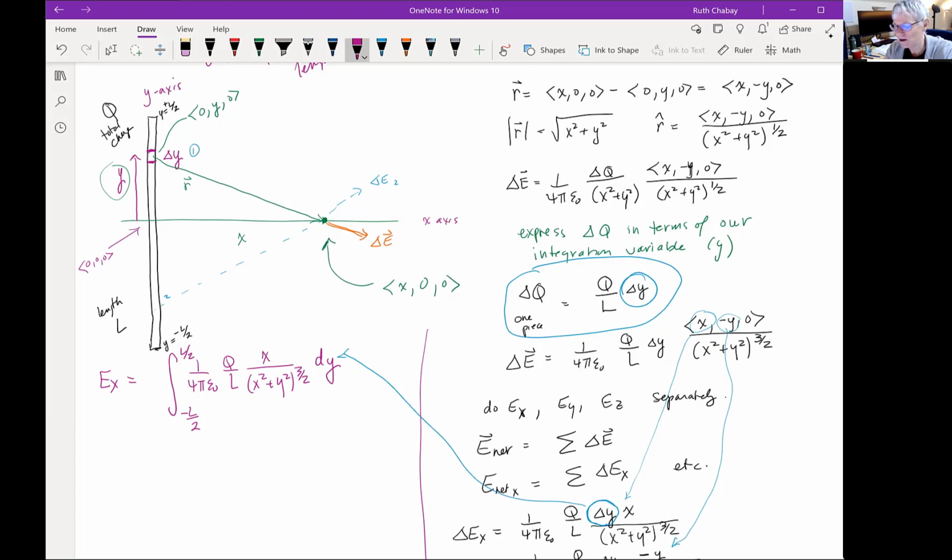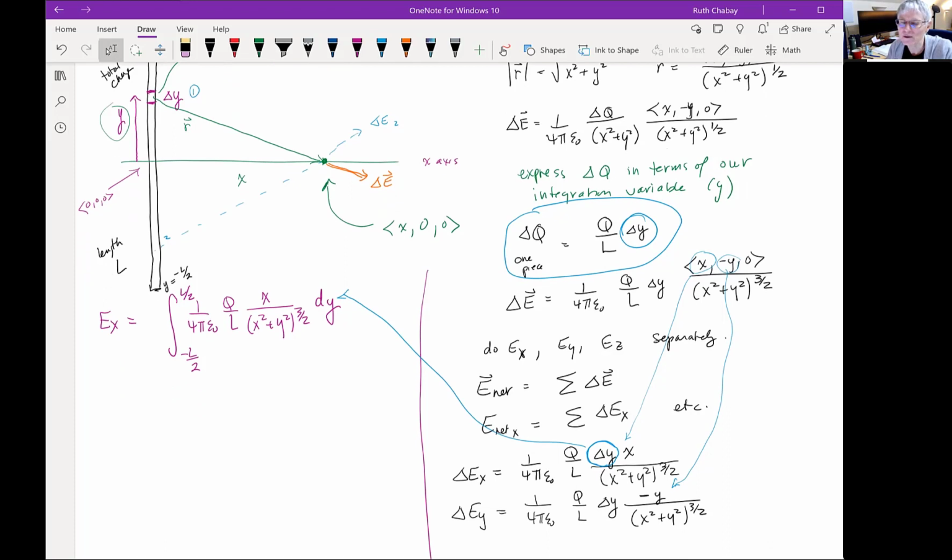We'll see that if we want to calculate the electric field at some observation location that's not on the midline, we're going to end up going back to doing it numerically. You'll just calculate those delta E's and add them up numerically exactly the same way you were adding up delta P's last semester. But if we can do an integral with calculus, it's useful because it gives us a distance dependence.